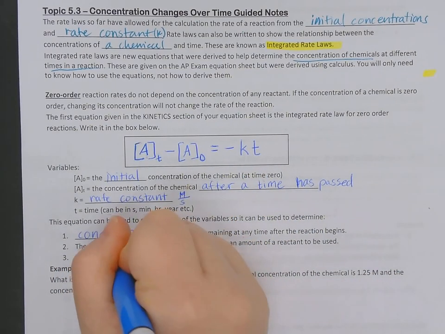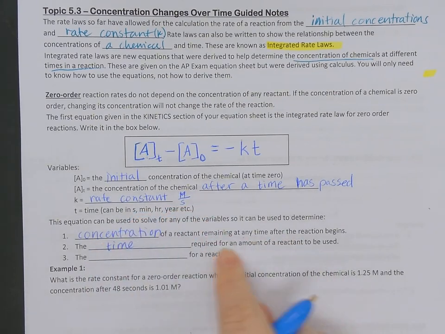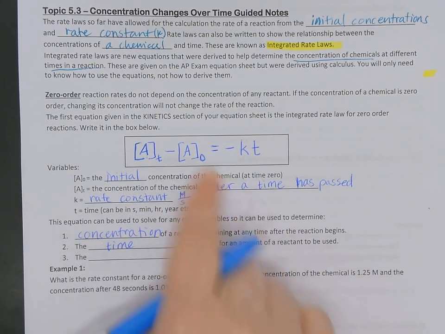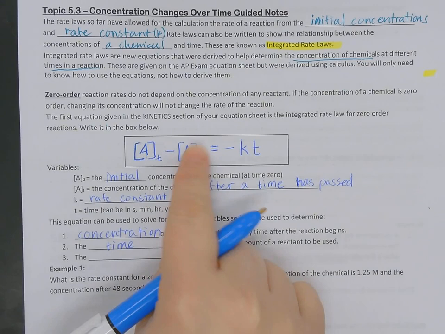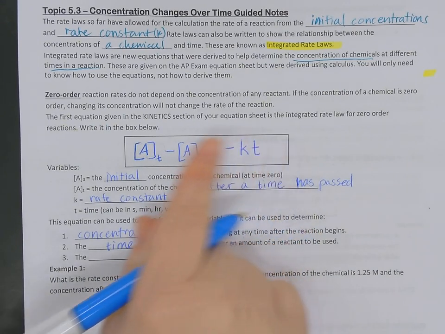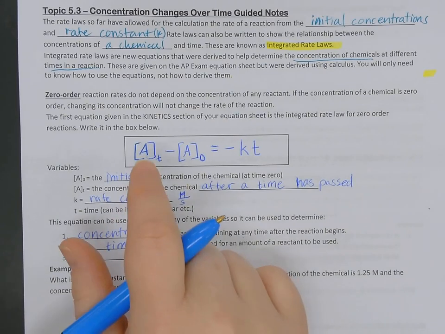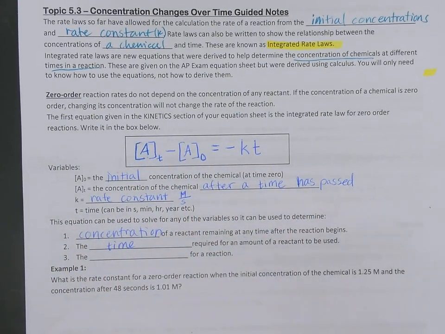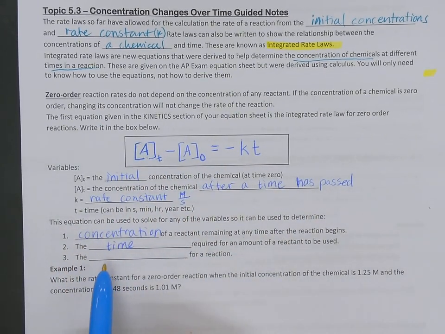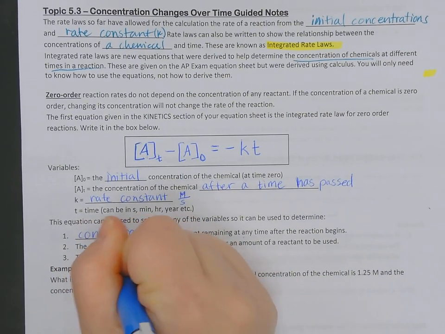The time required for a specific amount of reactant to be used. So if we want to know, okay, here's our initial amount, how much time does it take for it to be a fourth of that amount, or to be 0, anything like that. And then the rate constant, we can also find that.